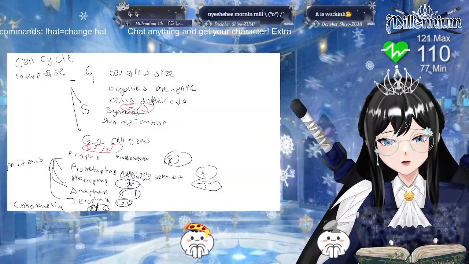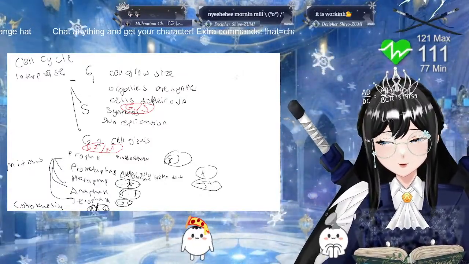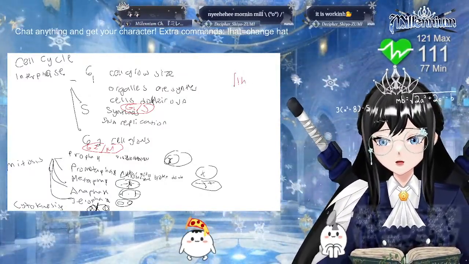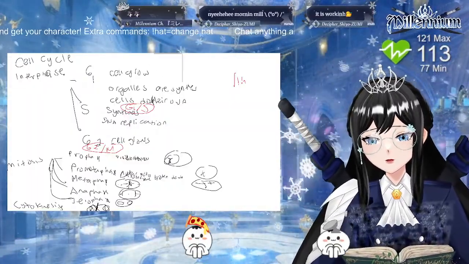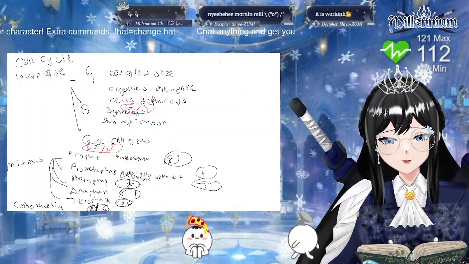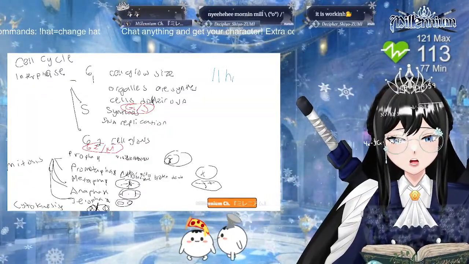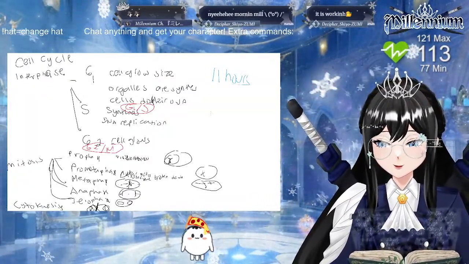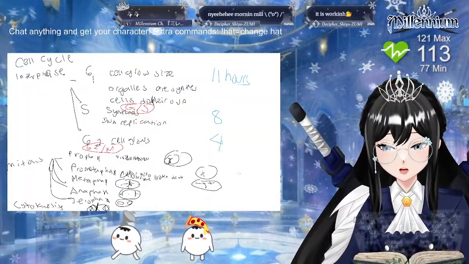And as for the time, your G1 would be 11 hours. S is 8, G2 is 4, mitosis is 1.